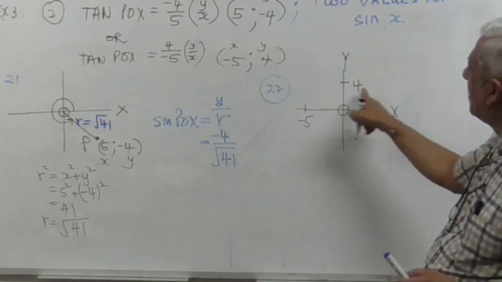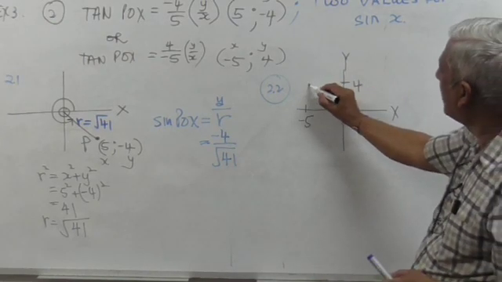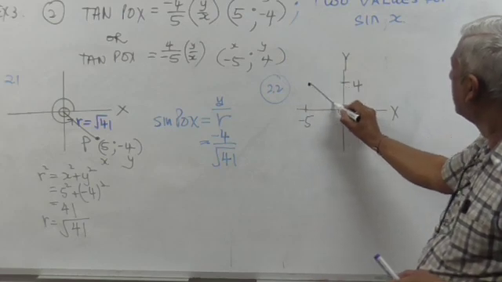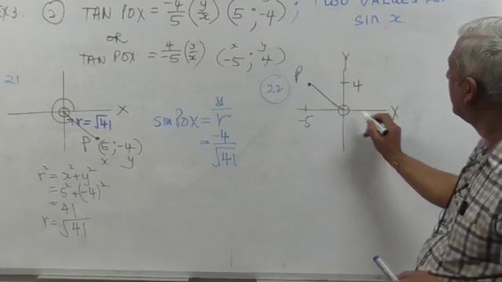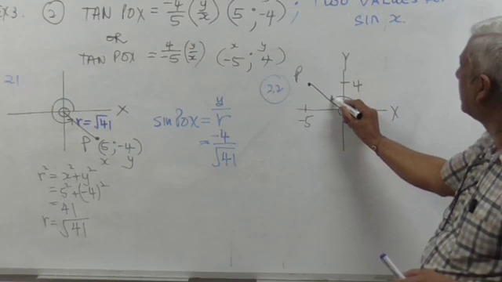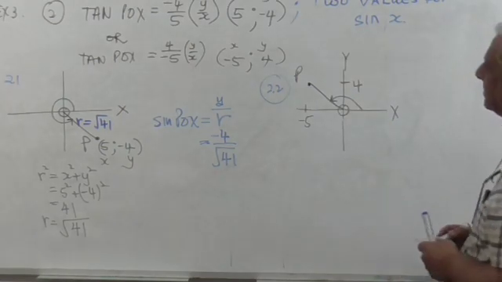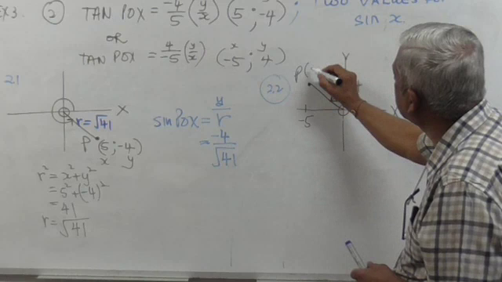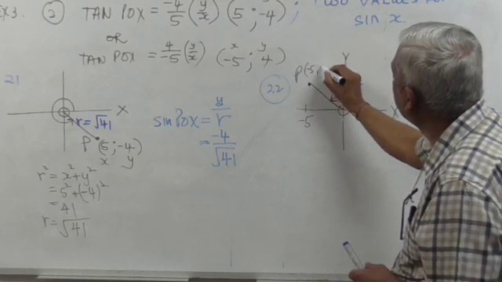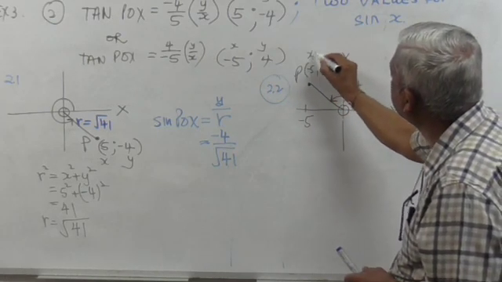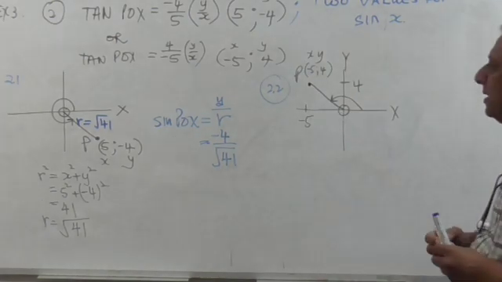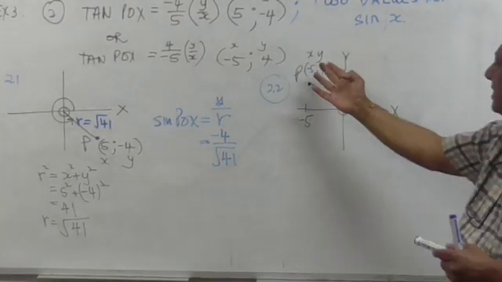So the point is somewhere here. So that is P. So the angle goes from there to there. So this is negative 5, 4, this is x, this is y.